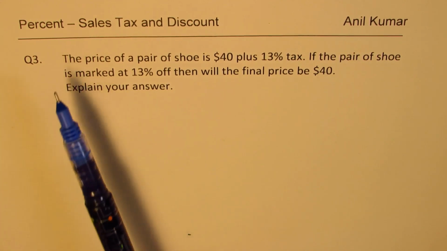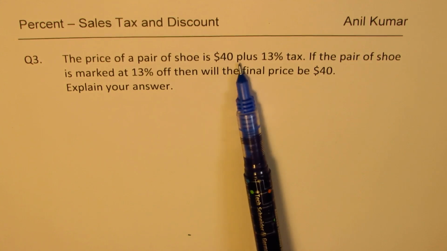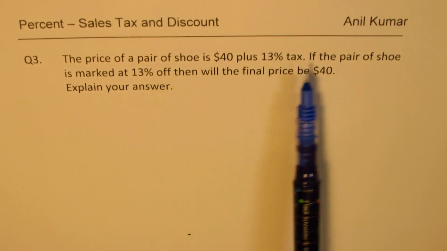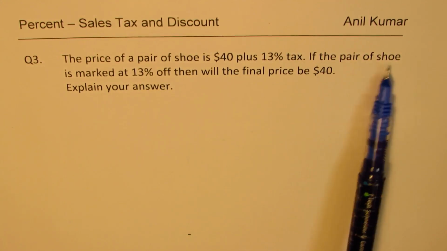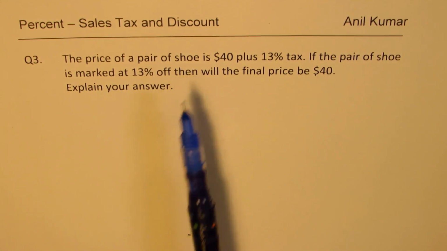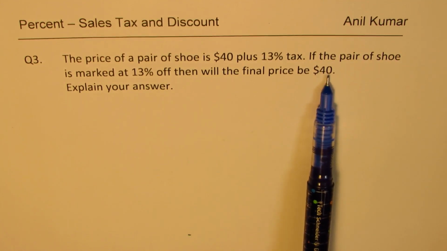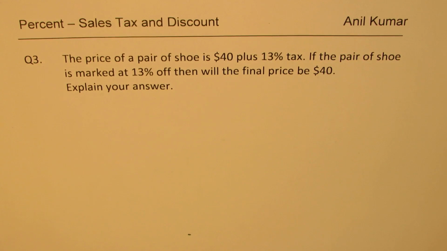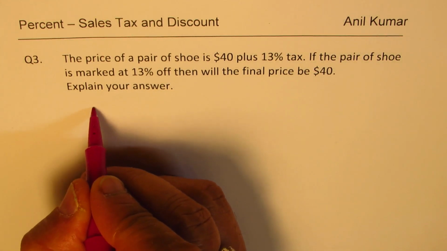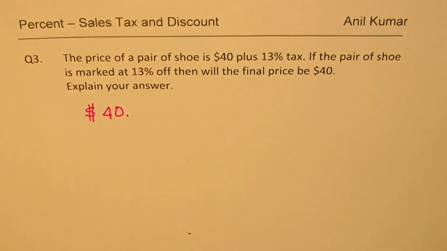Let's read it first. The price of a pair of shoes is $40 plus 13% tax. If the pair of shoes is marked at 13% off, then will the final price be $40? Explain your answer. So what we are given here is that the price is $40. Correct?